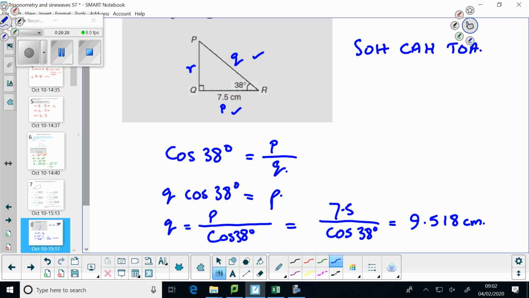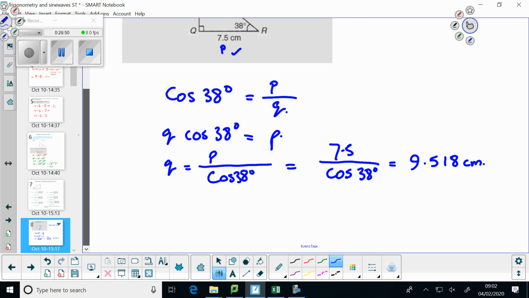In some cases you might have to, but why not use the known value here? We've got the opposite side and the adjacent side. What ratio? Tangent. Yeah.